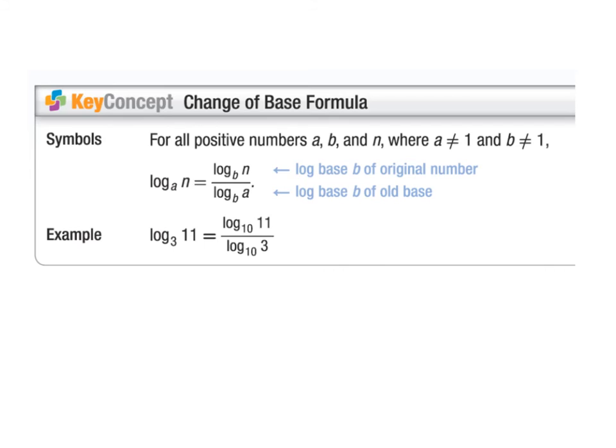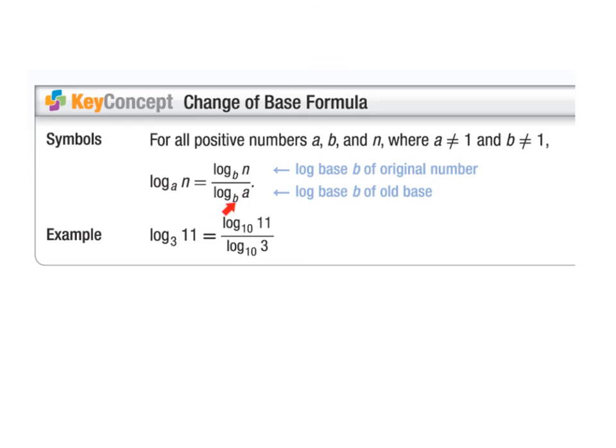So this is known as the change of base formula. Again, if you want to take a picture of that, feel free. Based off of the end of that last example, when you have a base other than 10, you can just put it as log n over log a.